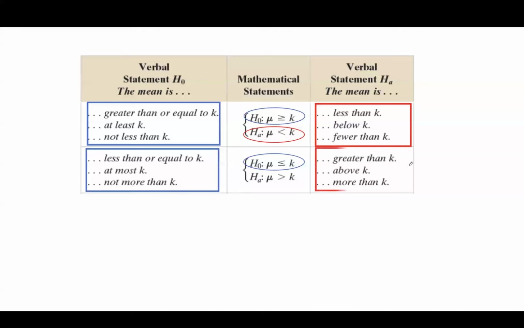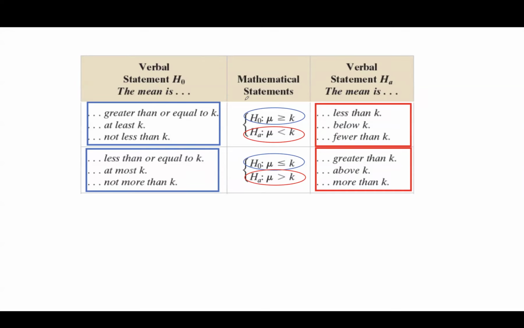But when you see a keyword like greater than, above, more than, it means that the alternative hypothesis is given to you. So in this case, the population mean is greater than k, above k, or more than k. So these are different ways of representing the alternative hypothesis.